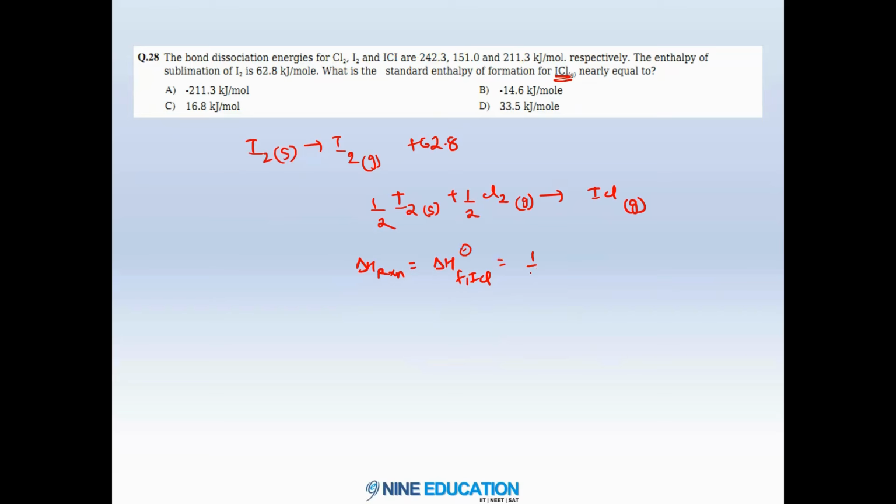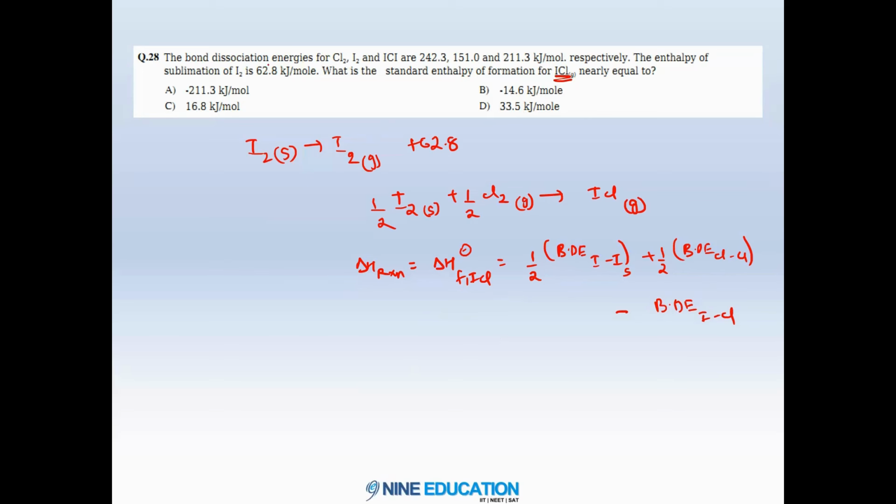Which can be expressed as 1 by 2 times the bond dissociation energy of I and I solid, okay? Plus half into again the bond dissociation energy of Cl and Cl gas, minus the bond dissociation energy of ICl. Okay, so this is what we are supposed to know.